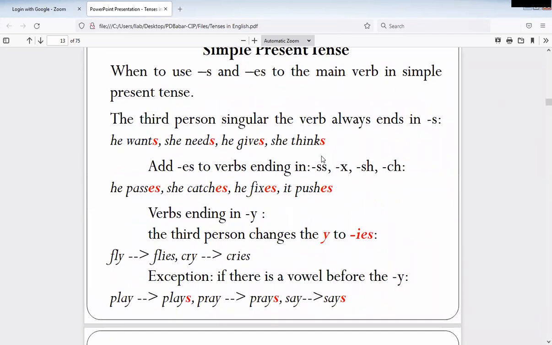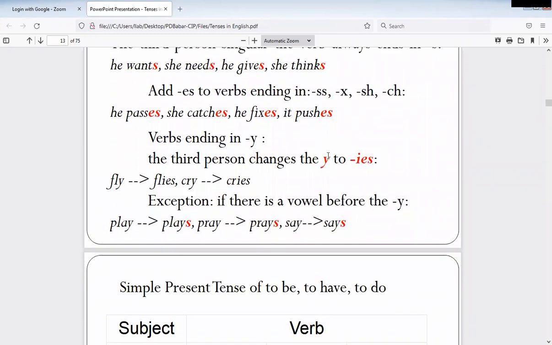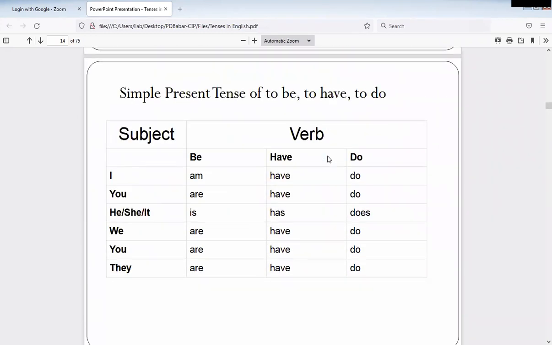We also saw which verb the subject takes in simple present tense, which form of to be, to have, or to do we use after pronouns like I, you, we, he, she, it, they.